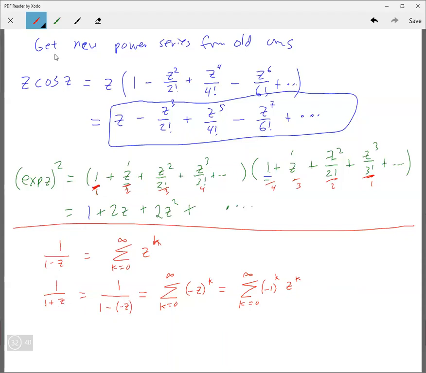Now I can take the integral of this. What's the integral of 1 over 1 plus z? That's the natural log of 1 plus z, right? But I integrate these terms here.